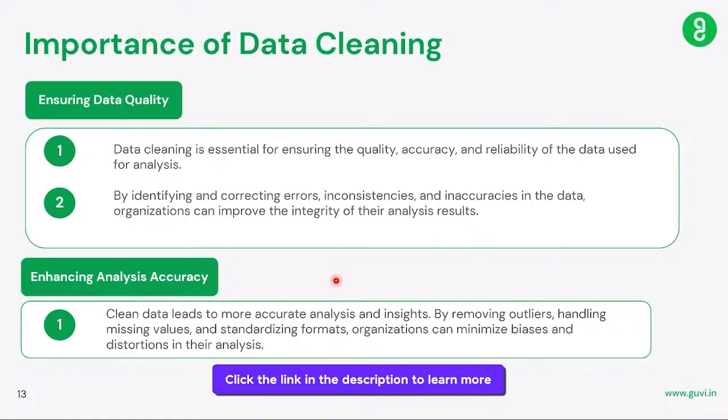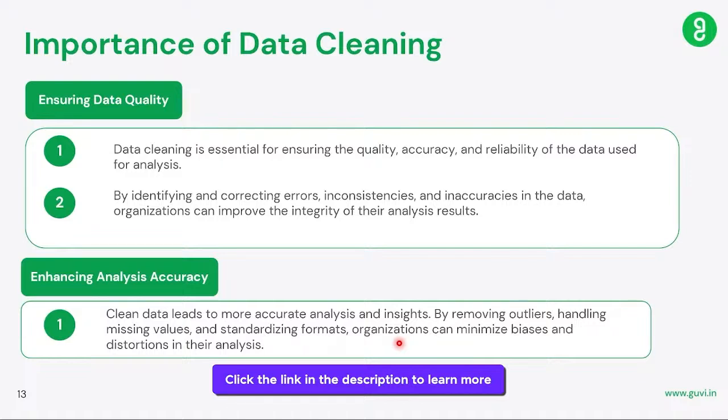So, enhancing analysis accuracy. Another key benefit of data cleaning is its ability to enhance the accuracy of analysis results. Clean data leads to more accurate analysis and insights by minimizing biases and distortions that can arise from errors and inconsistencies in the data.